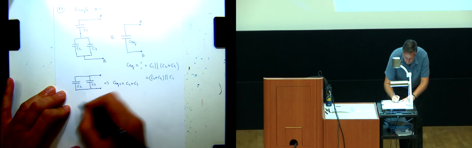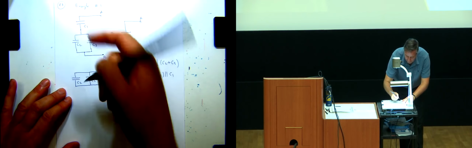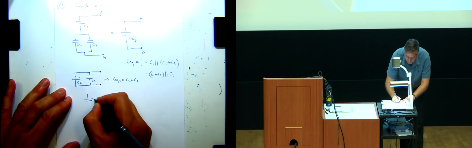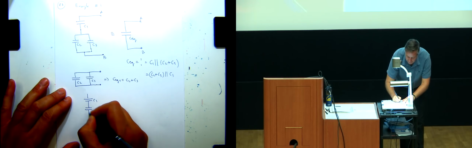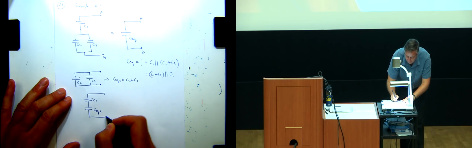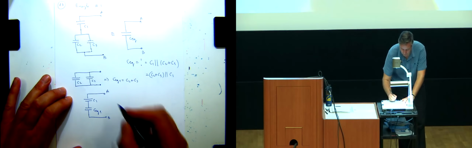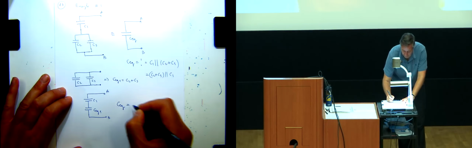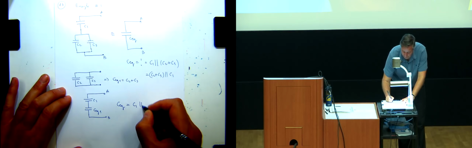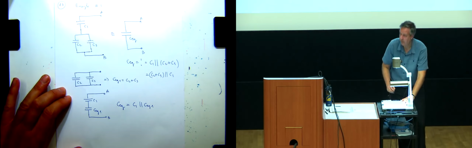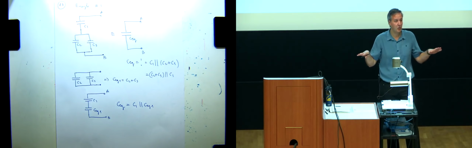And then when we go back to this circuit, we have C1 and this C equivalent 1. Now these two are in series, and these are our nodes A and B. Now we apply the parallel operator between C1 and C equivalent 1. Does that make sense to everyone?